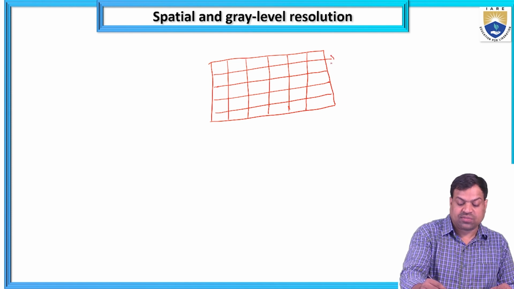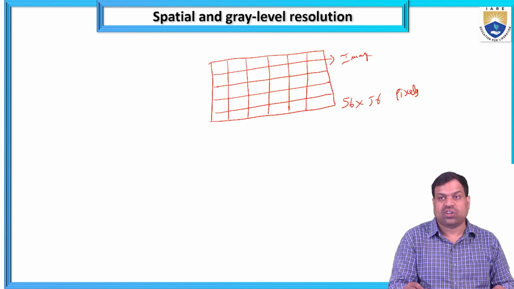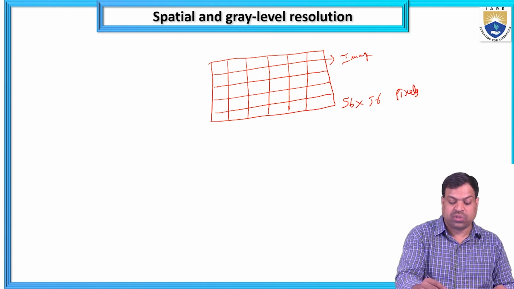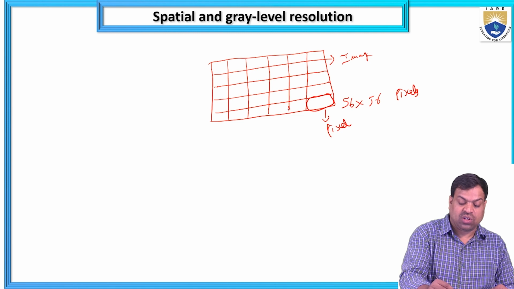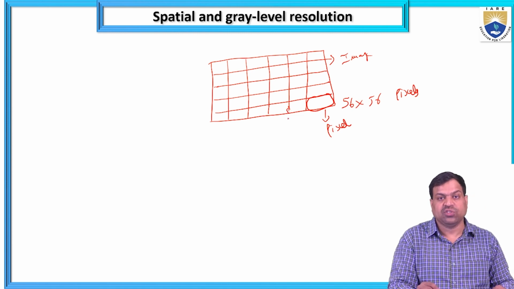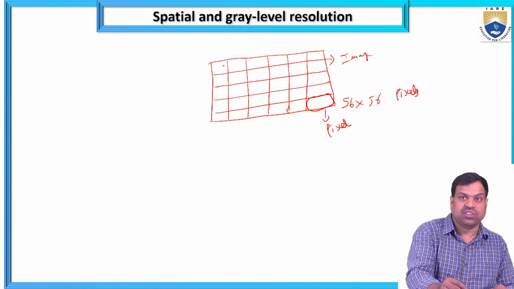This image has 56 into 56 pixels. Rows and columns are 56 into 56 pixels. Each one is called a pixel. So how many pixels are there? 56 into 56. Suppose this image has some intensity values.